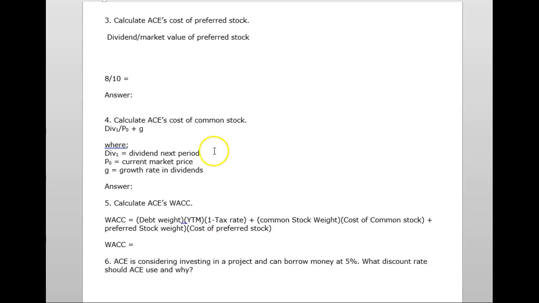And finally, you're going to calculate the cost of common stock. Because capital is very similar to a debt. You're going to have to do a return on it. You're going to have to maintain it and have it growing so that people will invest in your company. So the calculation is dividend divided by current market price plus the suggested growth rate.